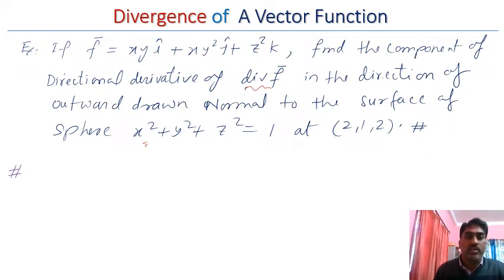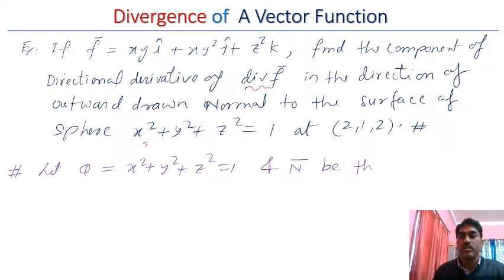First, find the normal. Let phi is equal to x square plus y square plus z square is equal to 1, and n be the outward drawn normal, means a normal that is pointed from the center to the surface, a radial vector, outward drawn normal to phi is equal to 1.